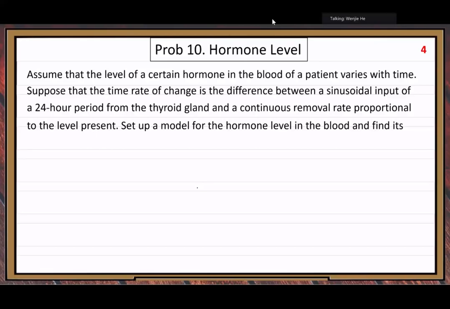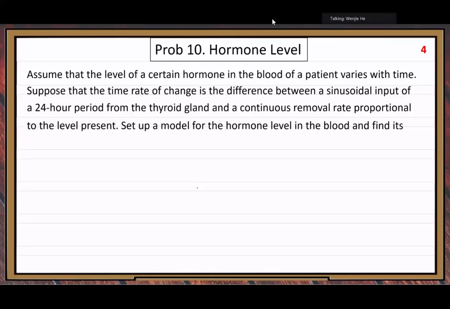What's the equality? If we use the Y function for the rate of change of this hormone level, Y prime equals the difference. Two terms. The first term is the input, and the input function is given. Sinusoidal.